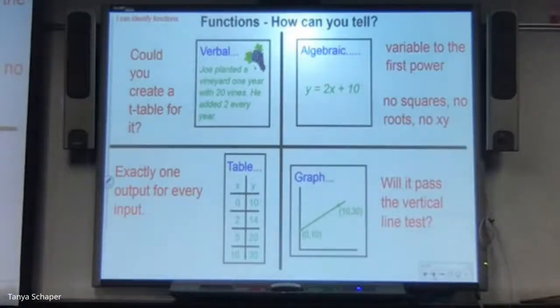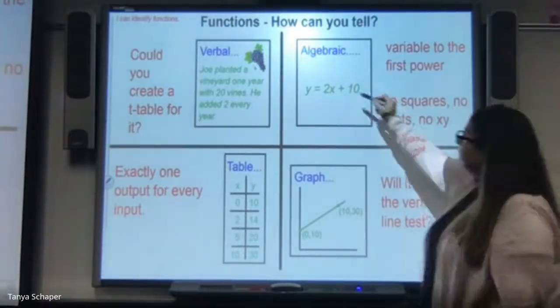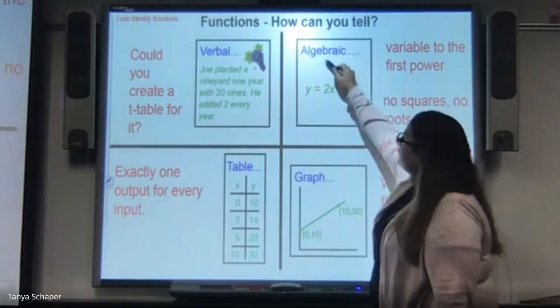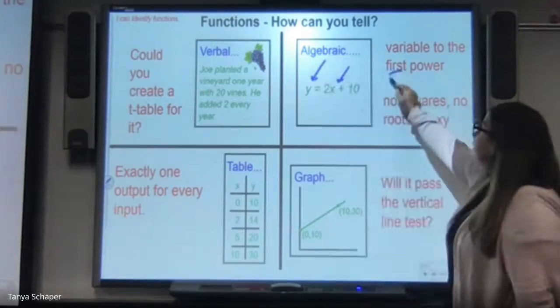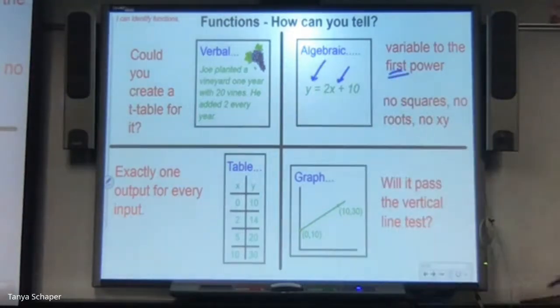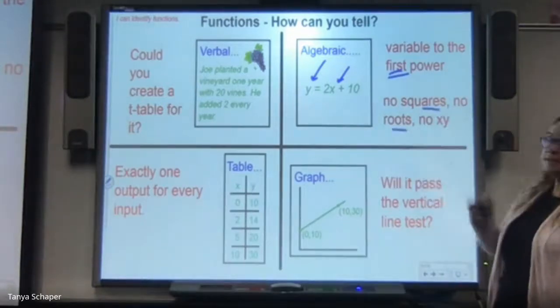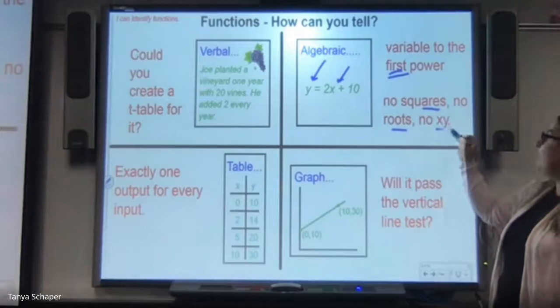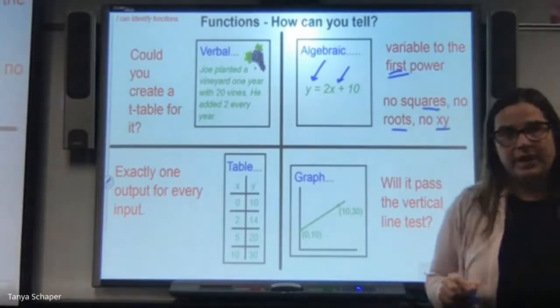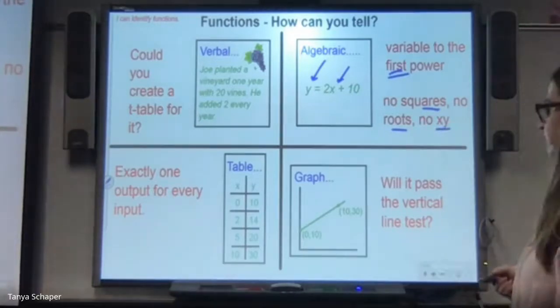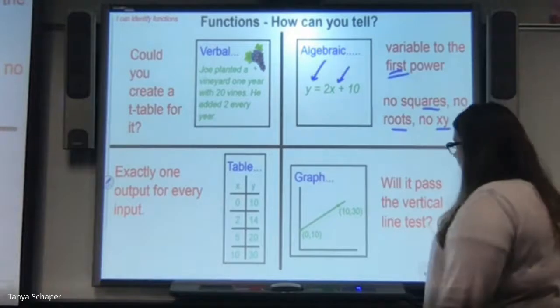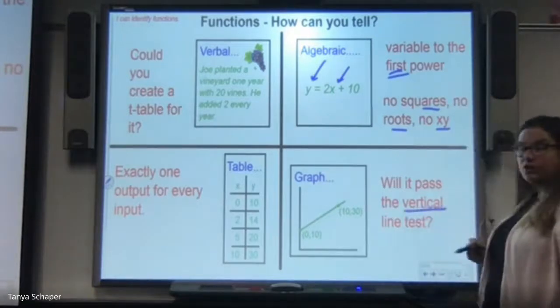When you look at it algebraically, this variable and this variable need to be to the first power. You can't have any squares, you won't find any roots, and you won't find 2 variables multiplied by each other. You just won't. With a graph, we use something called the vertical line test.